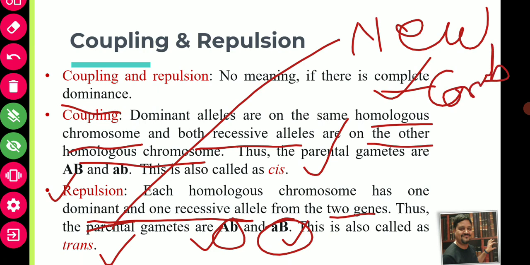So this is about coupling and repulsion. I hope that coupling and repulsion is clear to you. The term was given by Bateson and Punnett, and they defined that coupling means both the dominant or both the recessive alleles are trying to come together, and the reverse is true for repulsion.